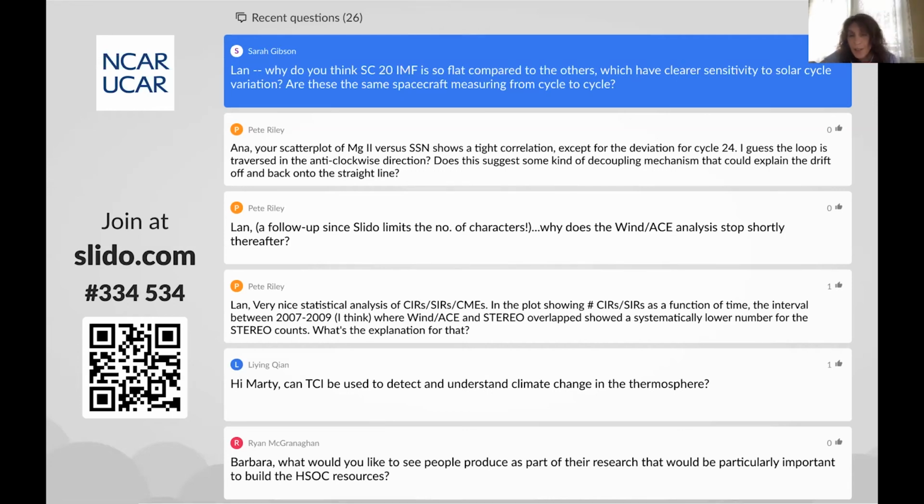So the next question is from Sarah to Jan. Yeah, it's just something I've wondered about before. You showed that figure showing 4 solar cycles and solar wind parameters, and I've always noticed that the solar wind is very flat in cycle 20. Do you have any thoughts about why, in terms of the IMF? In the other ones you can see the solar cycle in the variation.